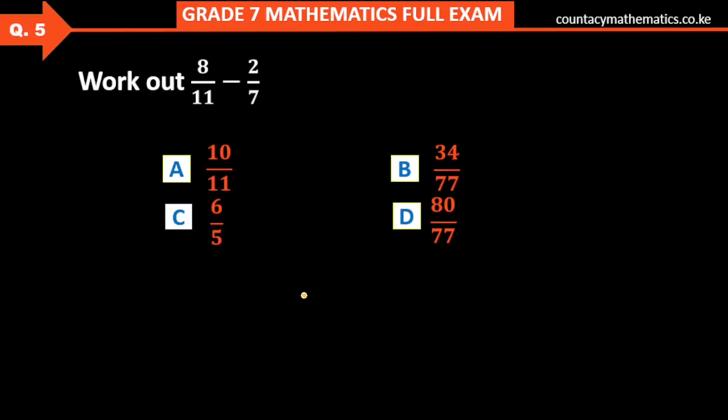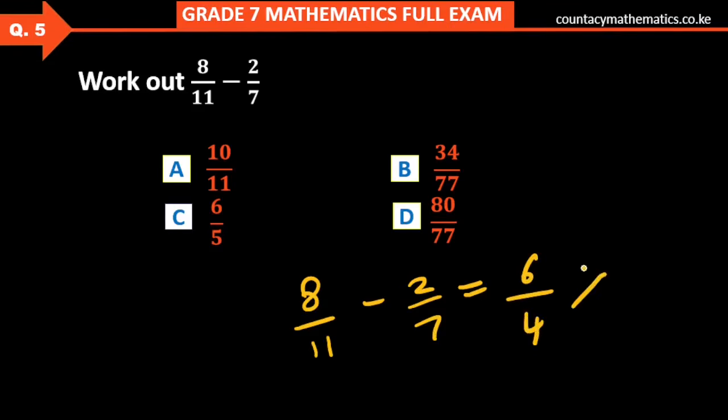You see, if we do 8 over 11 minus 2 over 7, it is a mistake to say that this is 8 minus 2, then you write 6, and then you say 11 minus 7, you say that that is 4. This is totally wrong. Why? Because the denominators are not equal, and this is a mistake that is usually made by a lot of people.